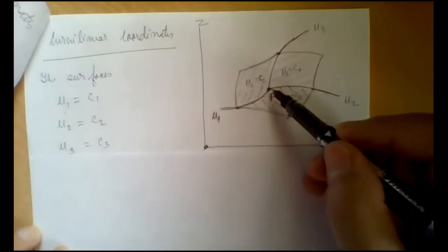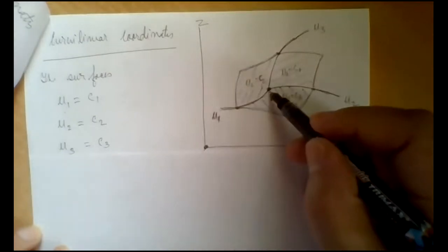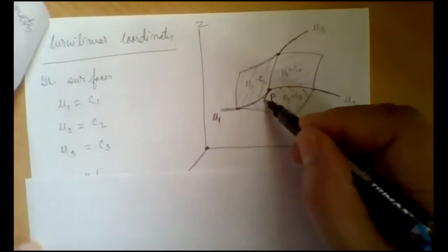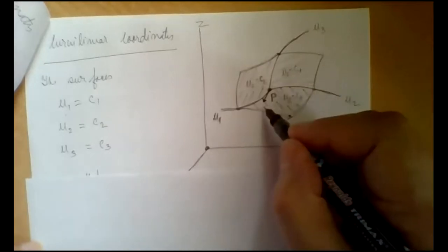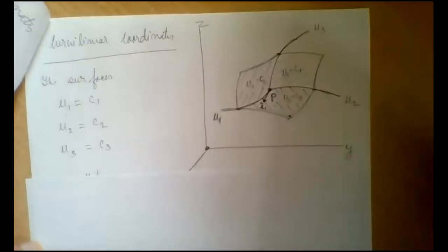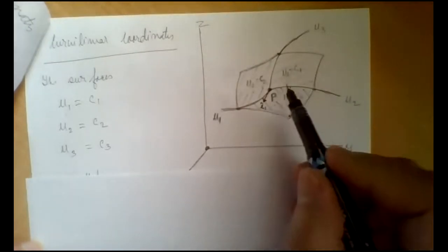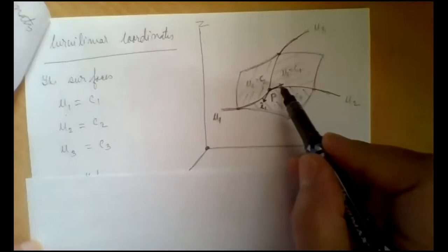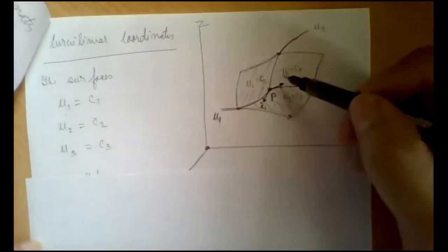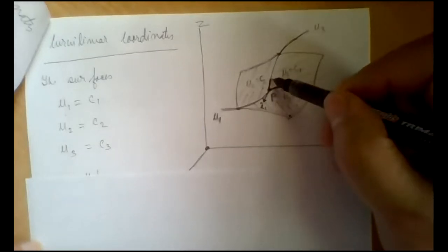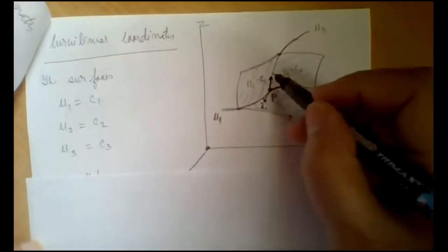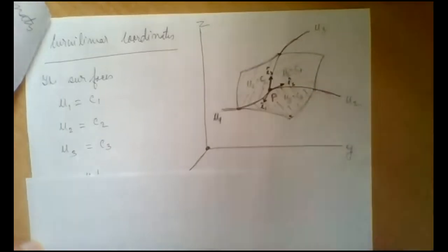At the point P, the unit vector E1 is this. This is tangent to the curve U1. Similarly, the unit vector E2 is along this direction, tangent to the curve U2. And the unit vector along U3 will be the tangent to this curve. These three are E1, E2, E3. These are the unit vectors.